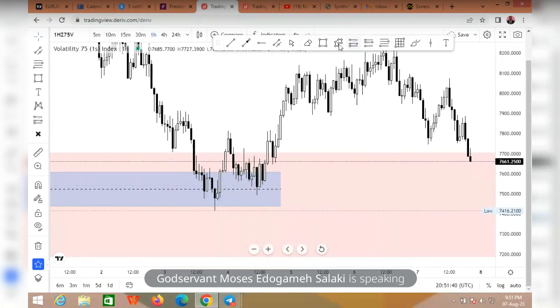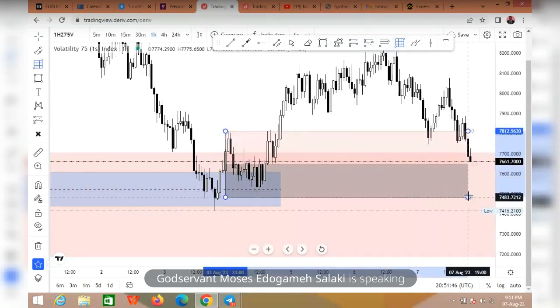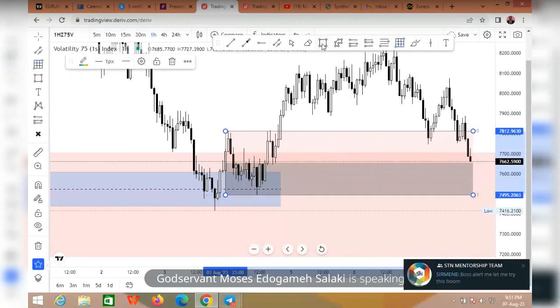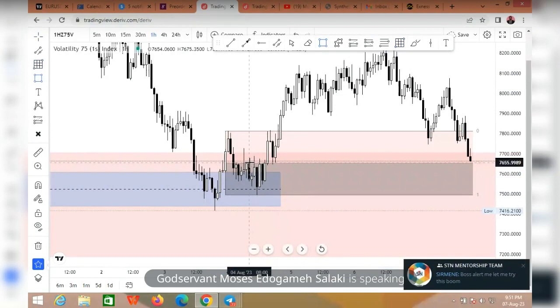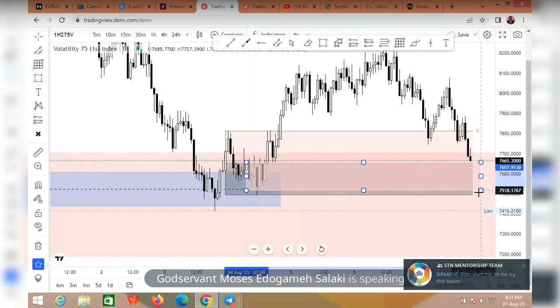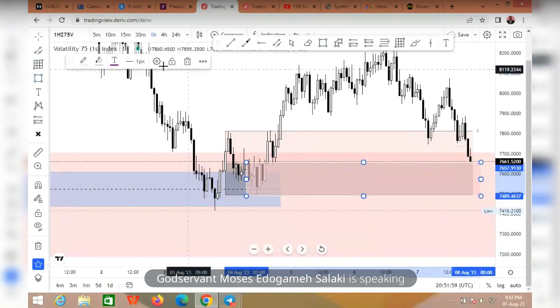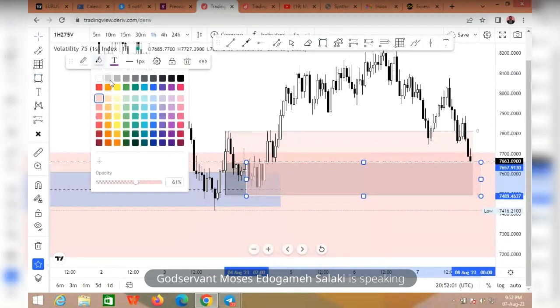So the last place that has not been filled is this whole move that is here. That's the only last place that has not been filled. All right, so I think I'll just take this last push. That's why I expect that price should come, and then I want to buy from that zone.